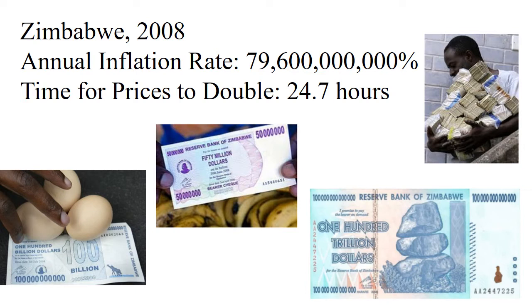So you can imagine how this is going to be extremely painful. The people in Zimbabwe ended up completely ending the use of their currency, and they would either switch to using a foreign currency that was more stable or bartering, trading goods back and forth, once they realized that their Zimbabwean dollars became, in essence, worthless with this hyperinflation.